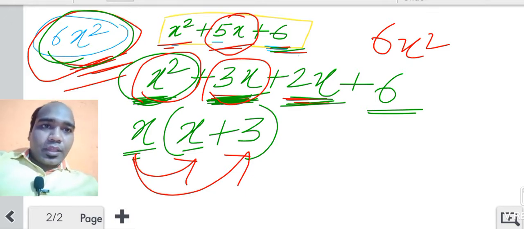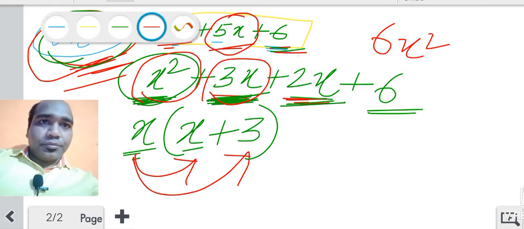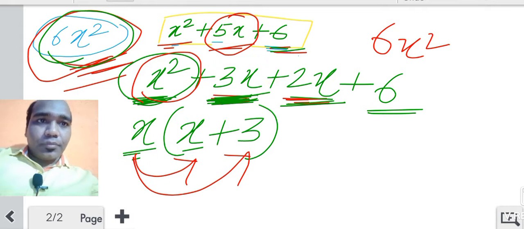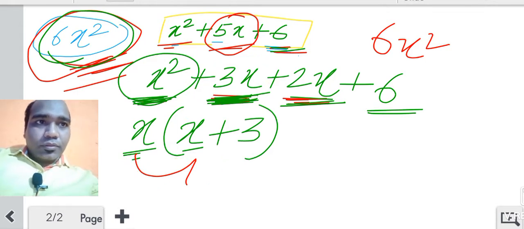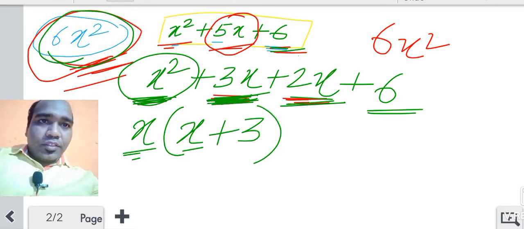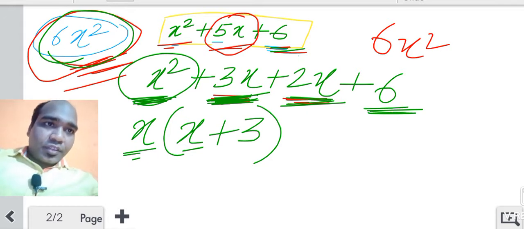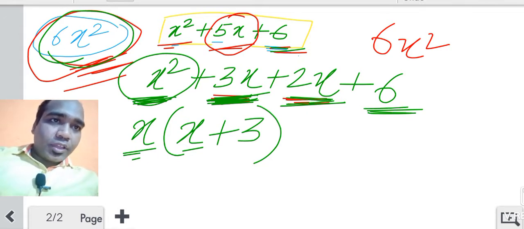Now come to the second part of our expression, 2x plus 6. Can we take x common here? No, because 6 does not have x.